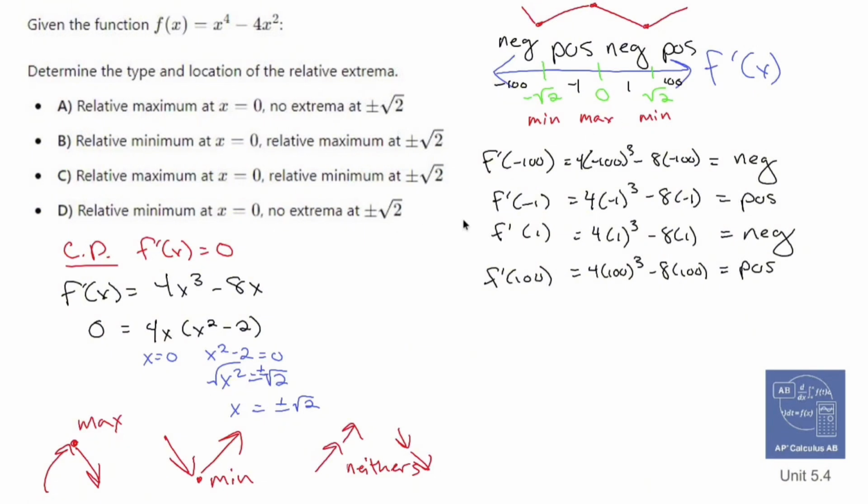So my relative minimum happens at negative root 2 and positive root 2, and my relative maximum occurs at 0. The answer is C. Crazy. By the way, this is an even function. I just thought I'd share that.